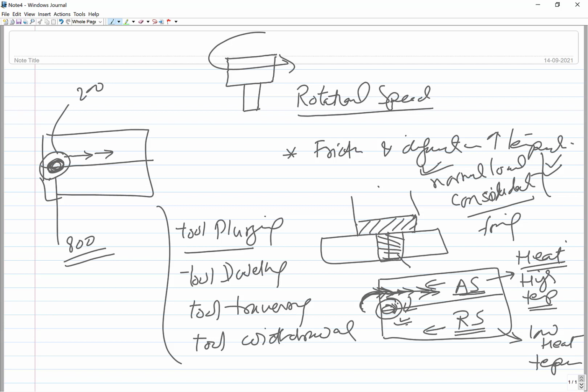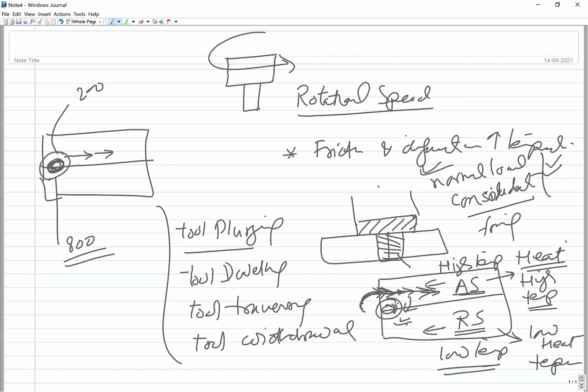Okay, so if we are working with highly dissimilar metal combinations, we will be putting the high temperature metal on the advancing side, and on the retreating side we will be putting the low temperature metal, so that at least some kind of softening can be realized by putting the high temperature metal on the advancing side.